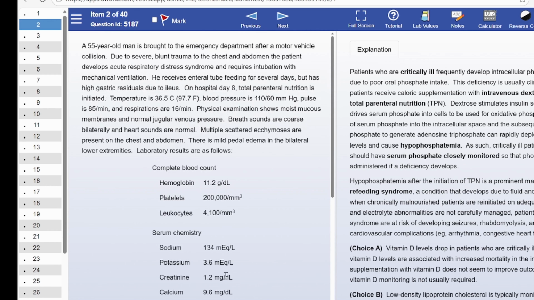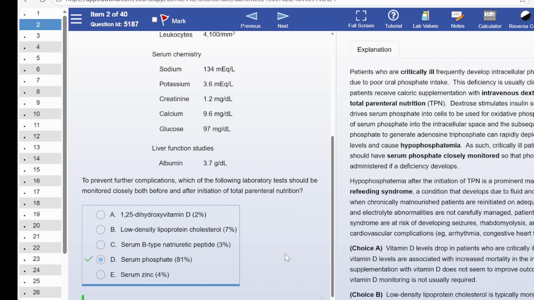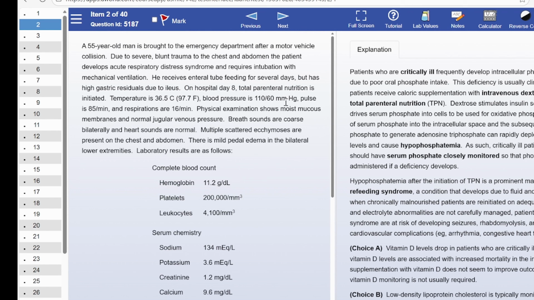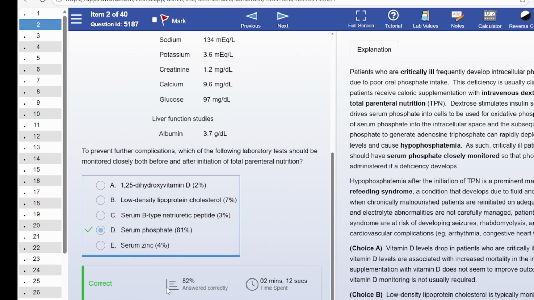Then afterwards, go through the history. While reading the history, if you are able to get to the answer, it's well and good. Or else go to the detailed examination and investigations and go through all the question and options. So this tip helps you to solve the questions quickly.